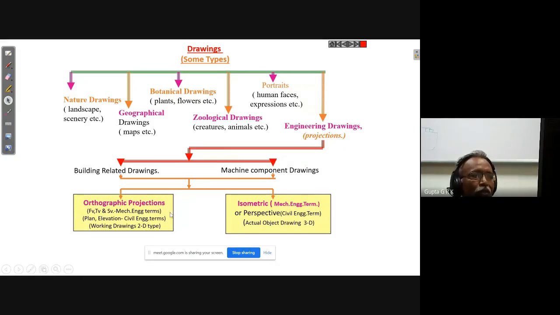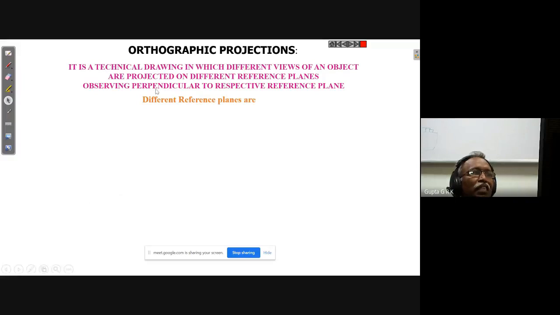So we are going to discuss orthographic projection. It is a technical drawing in which different views of an object are projected on different reference planes, observing perpendicular to the respective reference plane. Why we call it orthographic projection is that we see the object perpendicular to the reference plane.